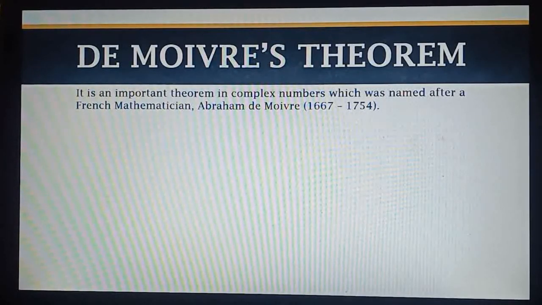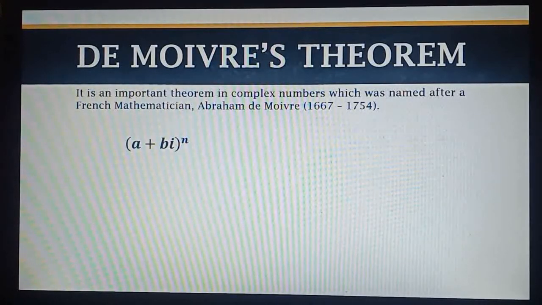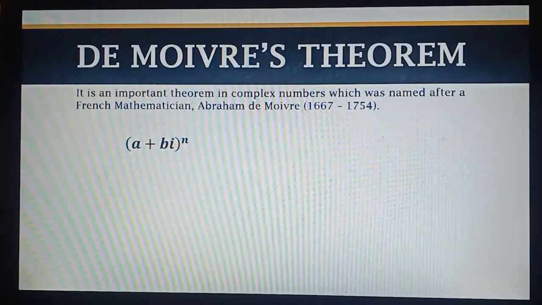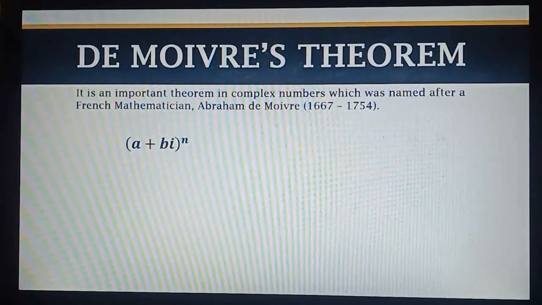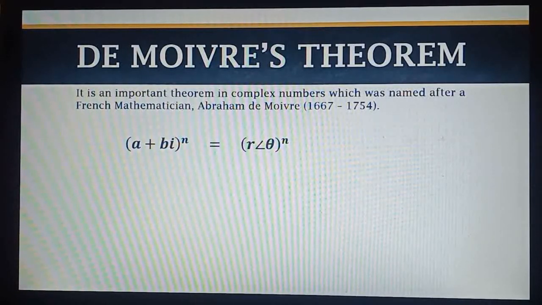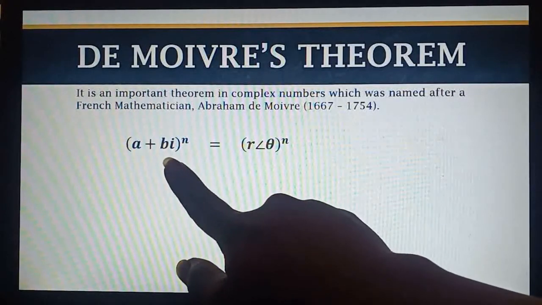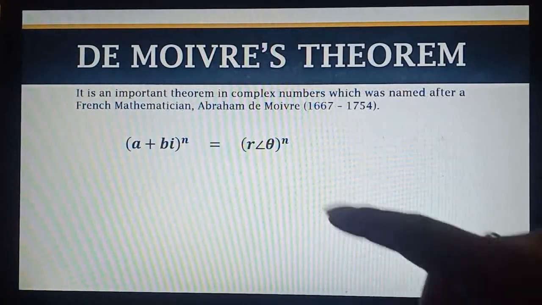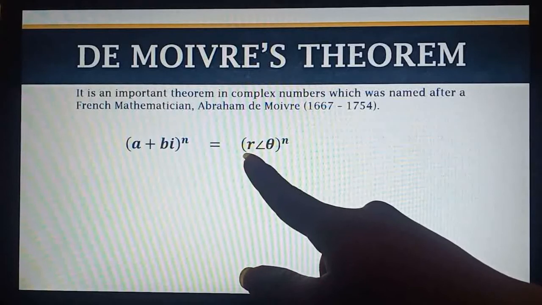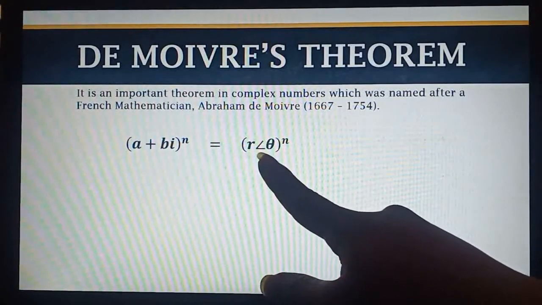Now, this theorem says that, let's say you have a complex number a plus bi raised to n. This can be simplified using the polar form of the complex number. So, a plus bi is our rectangular form, then its polar form is r at angle theta.